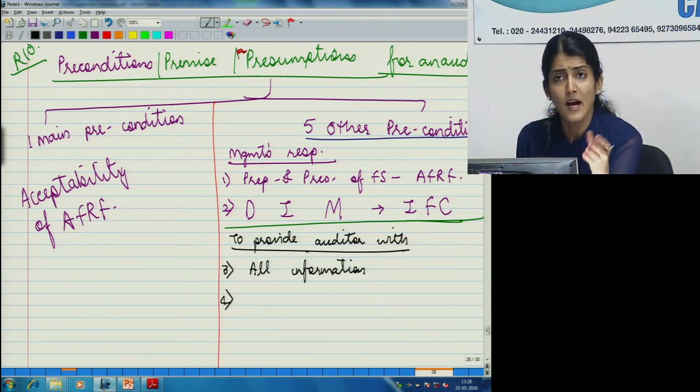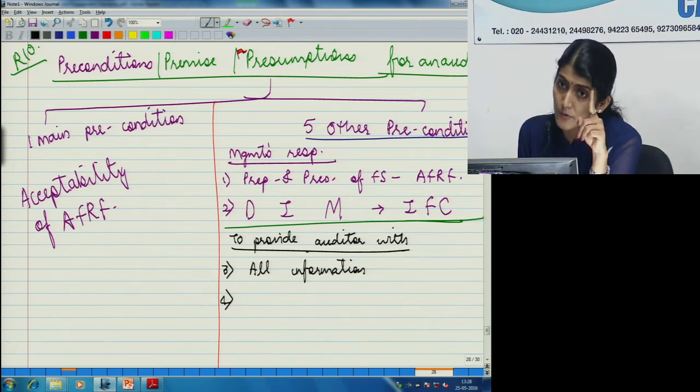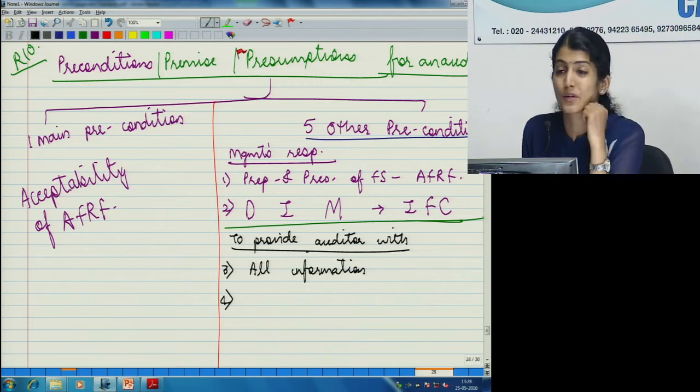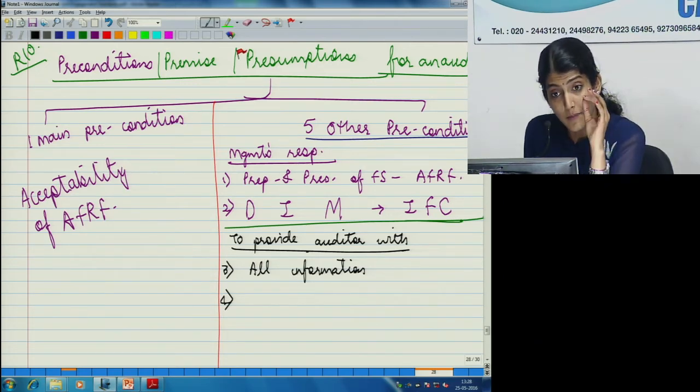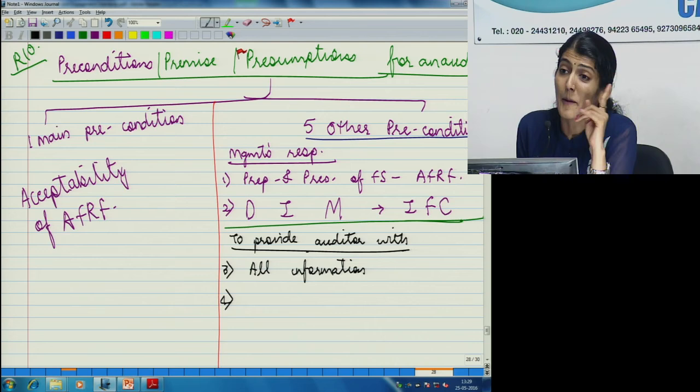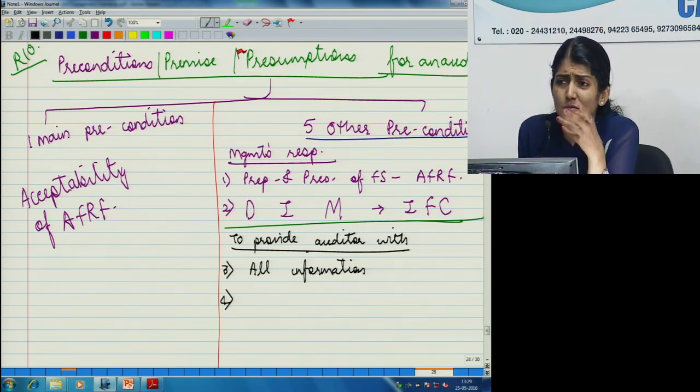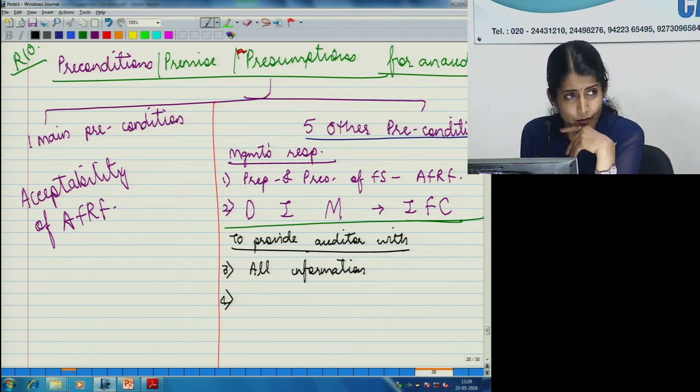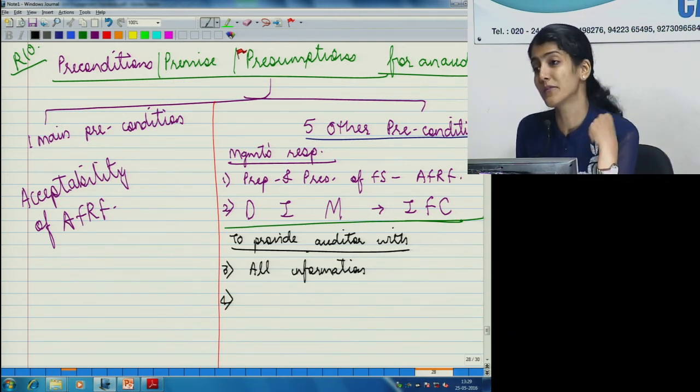So they can't say, see, आपने पूछा नहीं इसलिए हमने बताया नहीं. नहीं, आपको जो भी पता आपको लगता है ये ऑडिट के लिए relevant होगा, you should provide that information to the auditor. Auditor says ये सारे मेरे प्री कंडीशन है. और ये तो कंपनीज एक्ट में भी ड्यूटी राइट ऑफ कंपनी ऑडिटर में बताया ना, अनरिस्ट्रिक्टेड एक्सेस टू बुक्स ऑफ अकाउंट. So to provide the auditor with all information.